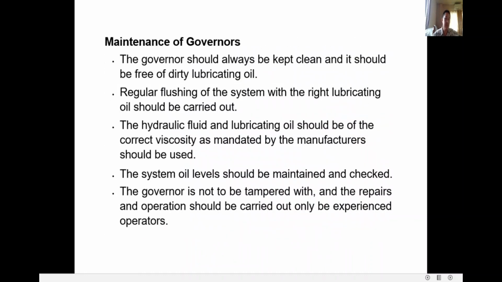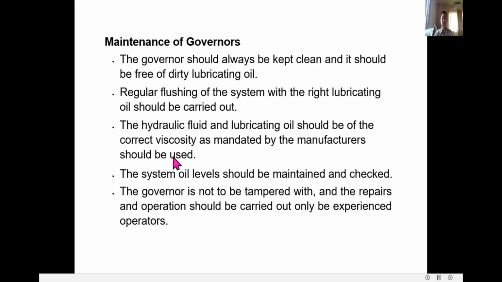So we also have maintenance of governors. Governors should always be kept clean and free of dirty lubricating oil. Regular flushing of the system with the right lubricating oil should be carried out. The hydraulic fluid and lubricating oil should be of the correct viscosity as mandated by the manufacturers.